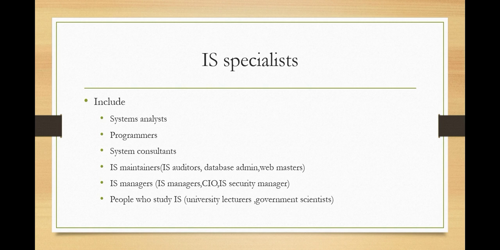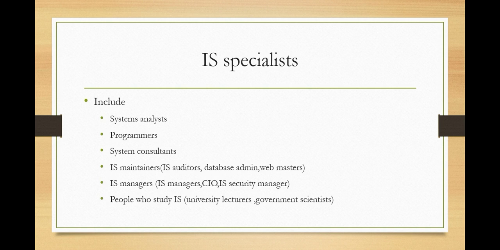We have database administrators that manage databases and the database management systems. We have webmasters that manage the firm's websites. We also have IS managers that manage information systems. These are categorized into three. We can have information system managers that manage the existing information systems.